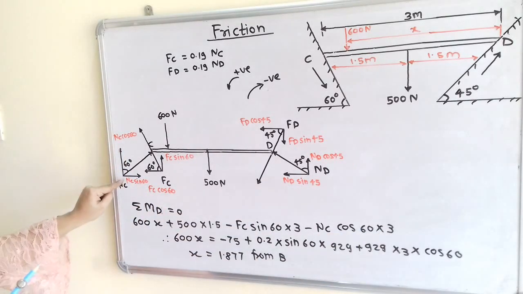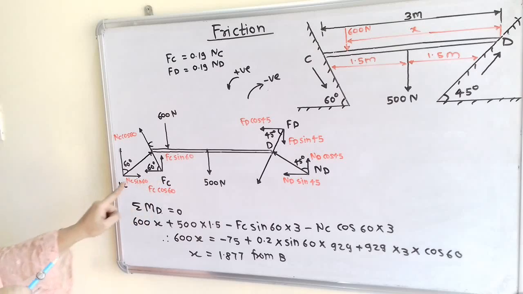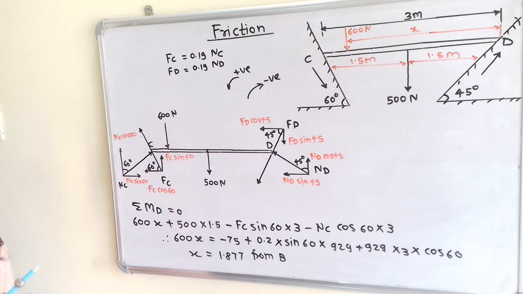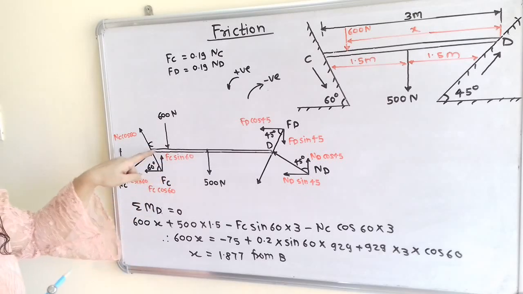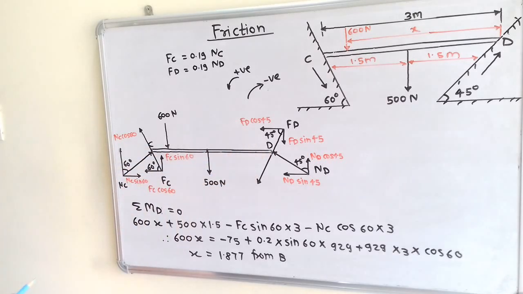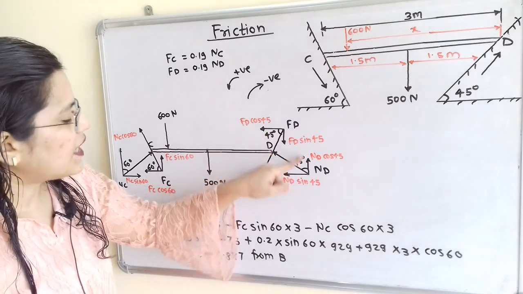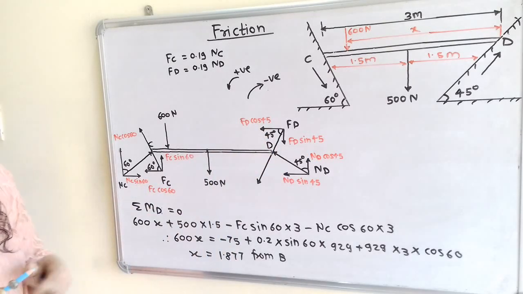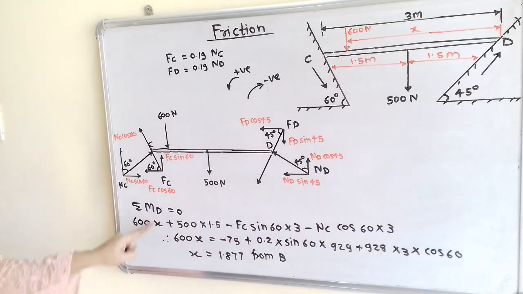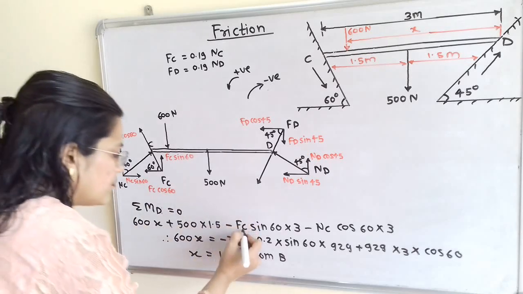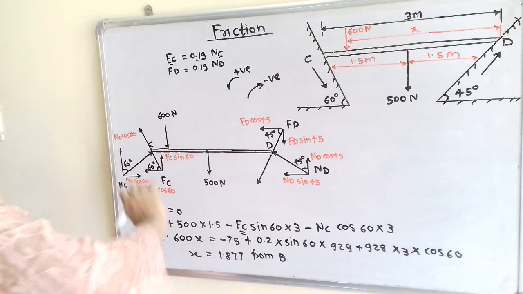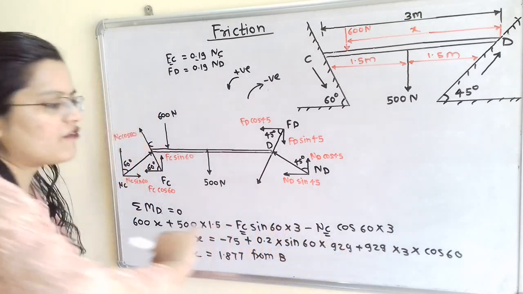Now if we observe, the horizontal components of FC and NC are along this bar CD, so we cannot take them because the perpendicular distance is 0. Also, the forces acting at point D give 0. So when we solve this, there is only one unknown term X, because the value of FC we can calculate from NC, as FC is equal to 0.19 NC, and NC we have calculated.